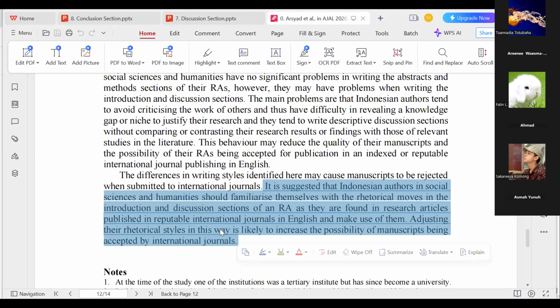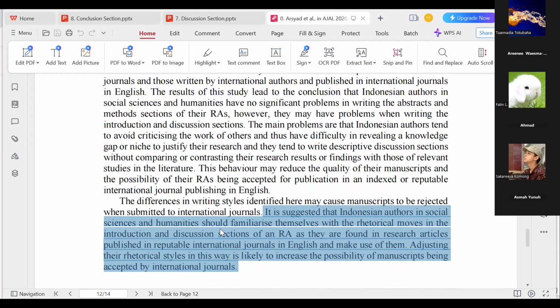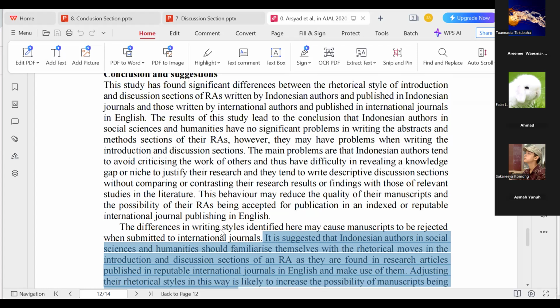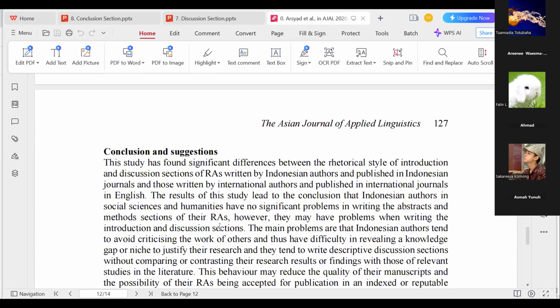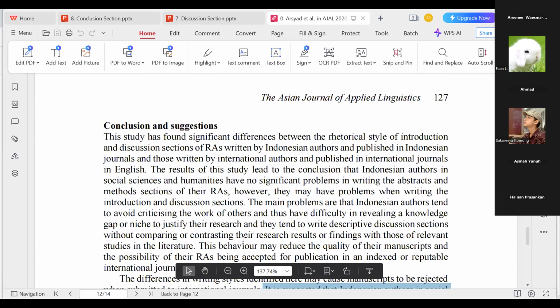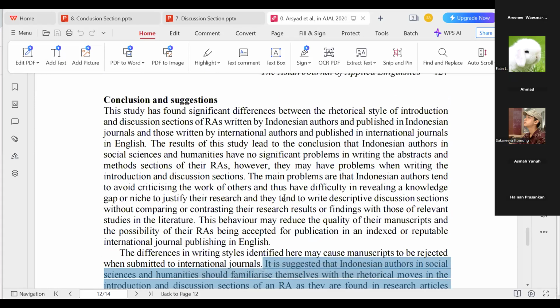Unfortunately, I don't mention the limitation here. Okay, only the summary of the study, and also no suggestion for future studies here.